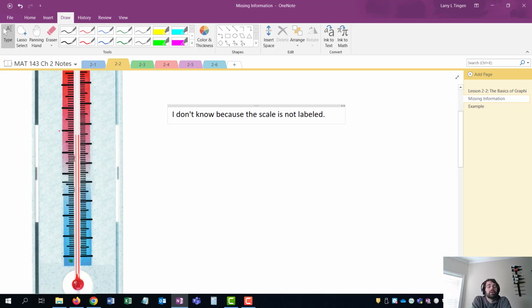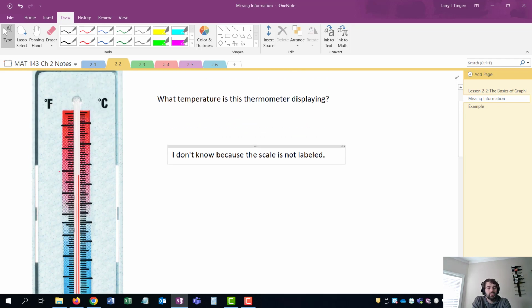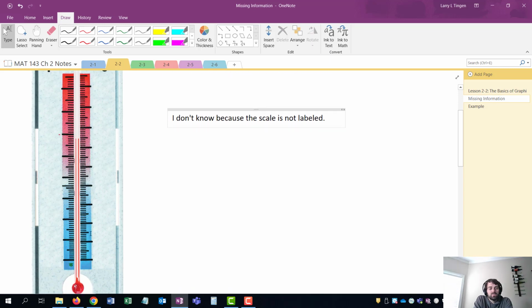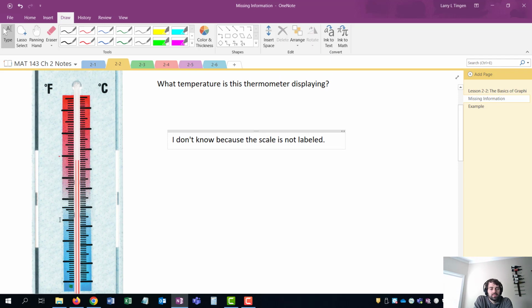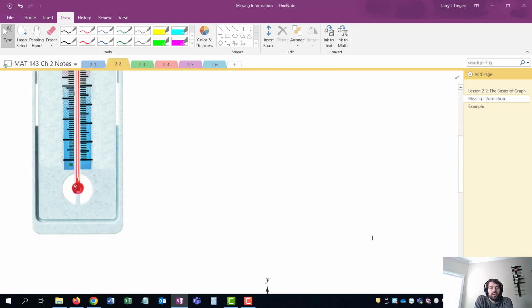I know for Fahrenheit, we freeze at 32, we boil at 212, but I don't really see a place where that happens. Since it's not labeled, I really can't say what the temperature is. All I can say is it's warmer than, I really don't even want to say anything at all, just because it's not labeled. So always take the time to label these because, I mean, imagine getting a thermometer that didn't have the numbers on it. It'd defeat the entire purpose of a thermometer.